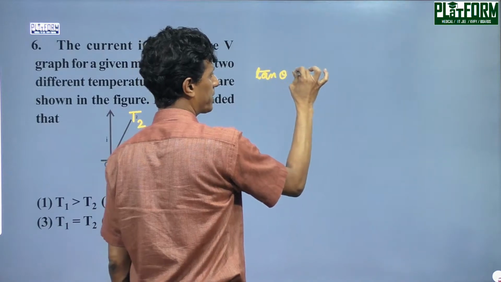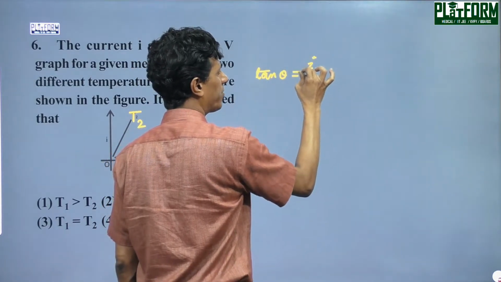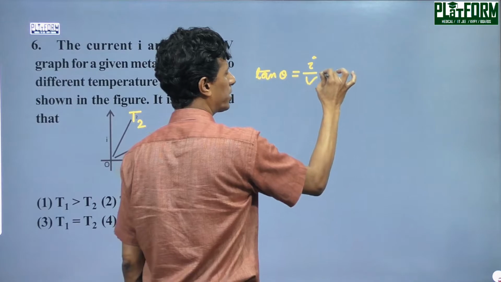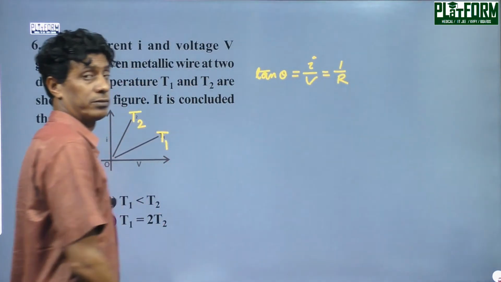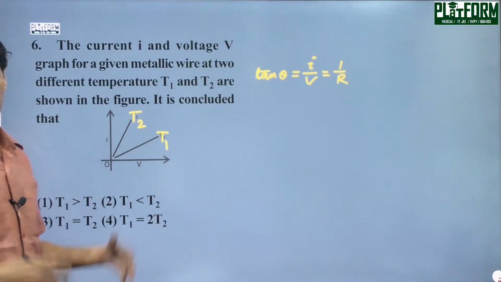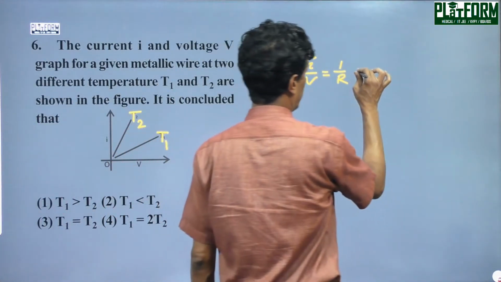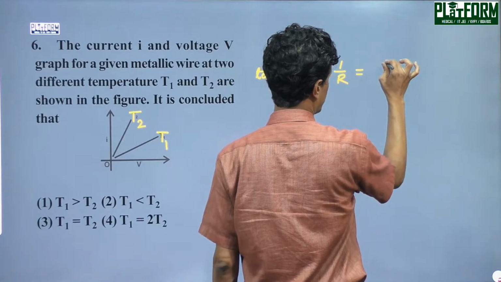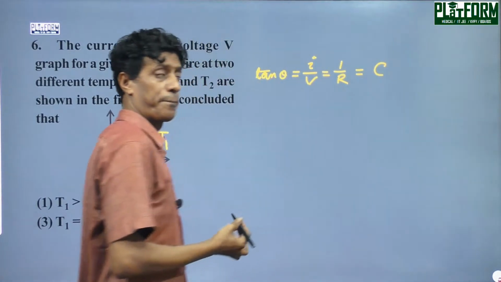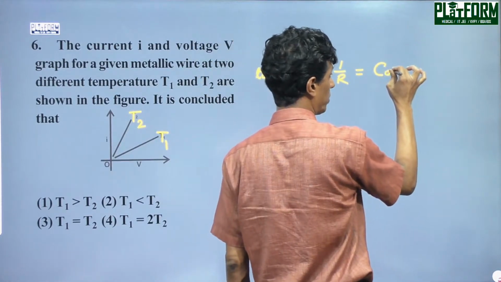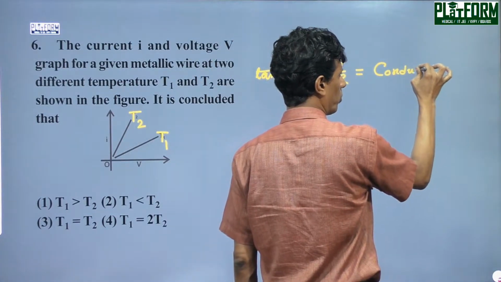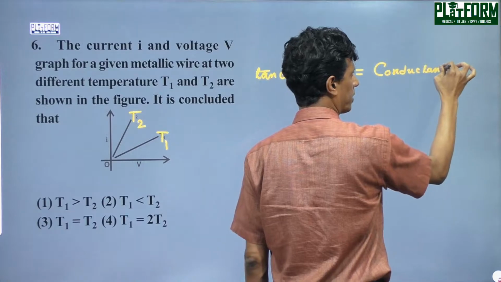Tan theta represents here I by V, so it is the reciprocal of resistance. The slope of this graph represents the conductance. Reciprocal of resistance is actually conductance. Conductance is C. I have written here C.